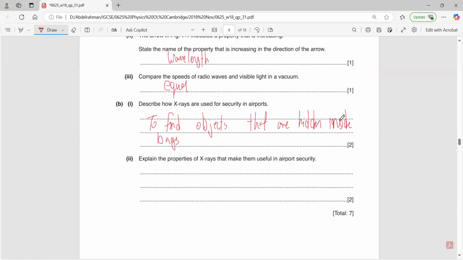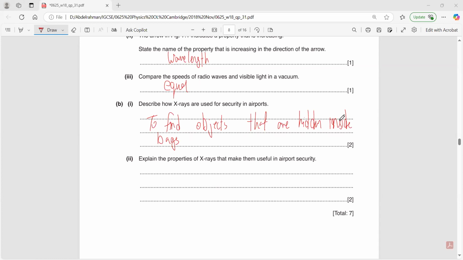Explain the properties of X-rays that make them useful in airport security. X-rays can pass through human flesh and bone, but they cannot pass through metals.